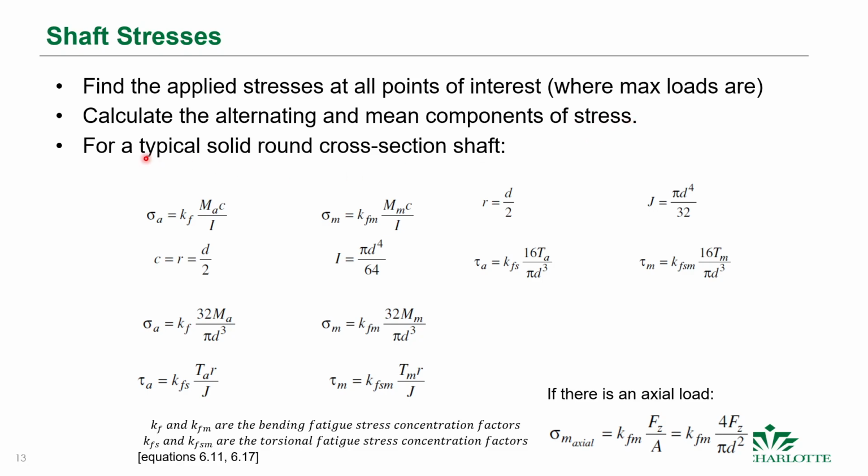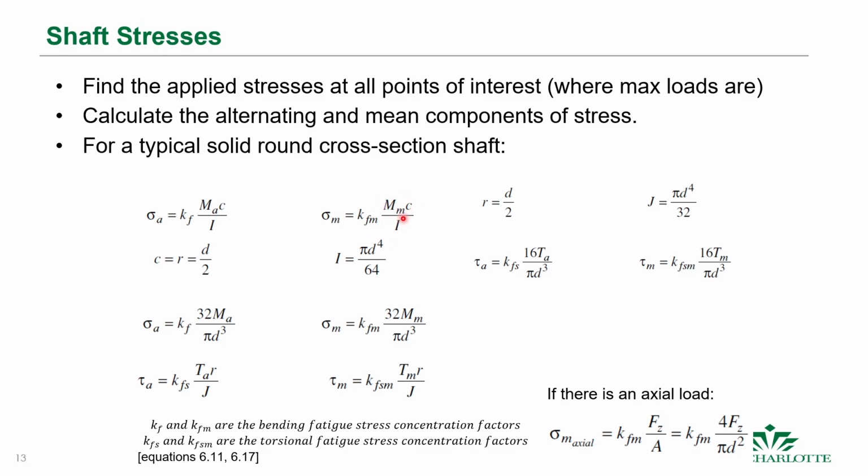For a typical solid cross-sectional shaft, we have these equations here, where we have the alternating loads due to an applied moment, and we have our fatigue correction factor, and our static correction factor as well. We have our mean stresses, which are due to the average stress on that component, and in this case it's due to a bending moment using our flexure formula.